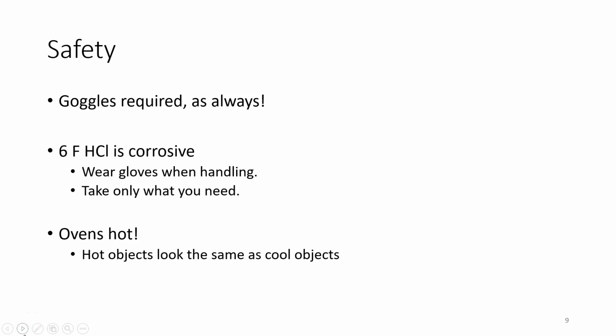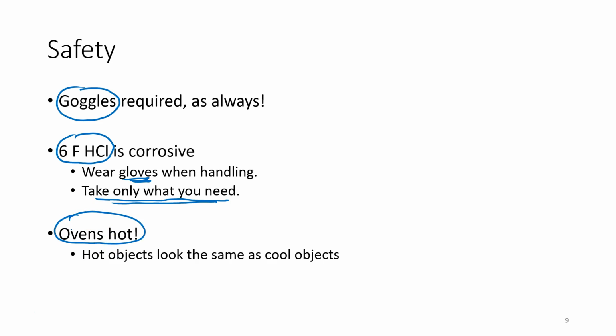For safety, as always, we'll be wearing goggles. The main safety hazard is this 6 formyl HCl stock solution. I would wear gloves when pouring it and try to use it sparingly. Take only what you need. The other safety concern is that the ovens are hot. And remember, hot objects look the same as cool objects.